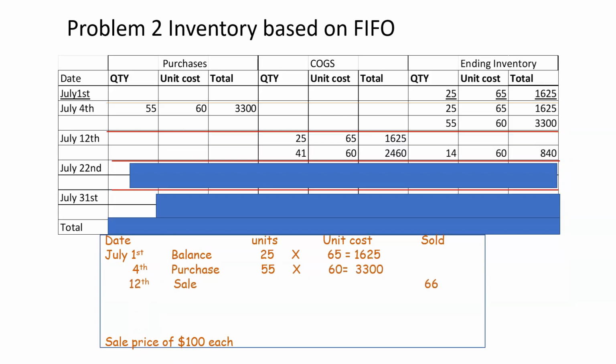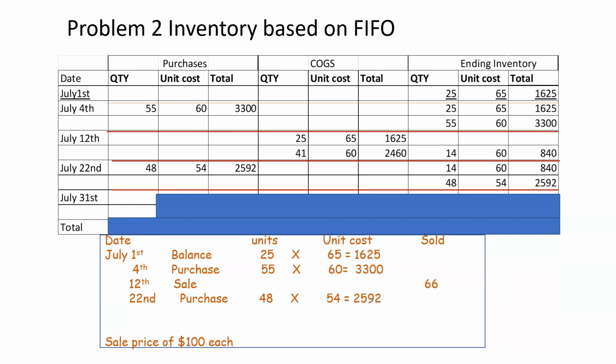And then we sell, and we're going to sell 25 because those are our oldest units because it's FIFO, 65, and 41 at 60. And that's going to leave us 14 at $60 because we've used up all the ones we had at beginning inventory. Now we're going to buy another 48 at 54.